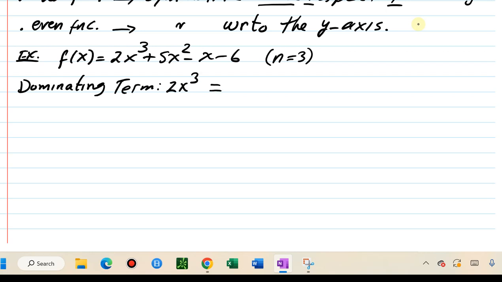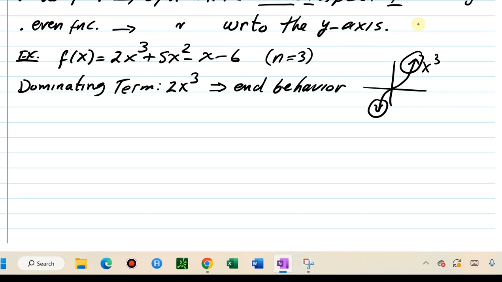The dominating term dictates, or tells us about, the end or extreme behavior. So the end behavior is going to be exactly like an x cubed function. Remember, this is what x cubed looked like. So all we care about here is the extreme behavior.